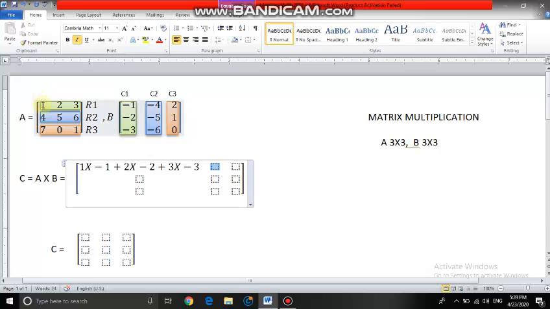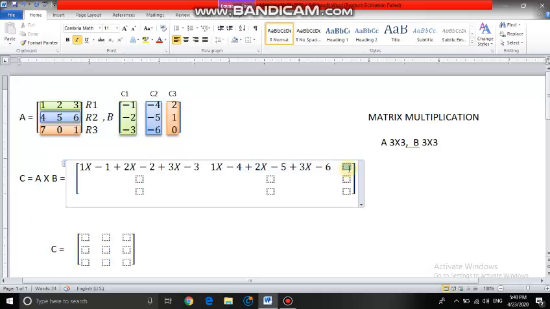That means the first row of the A matrix will multiply with the second column of the B matrix, that is 1 multiplied by -4 plus 2 multiplied by -5 plus 3 multiplied by -6. Understood? Okay, so that is first row and second column.